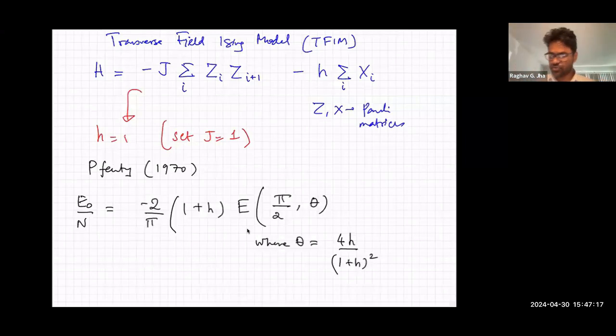This was derived using the standard Jordan-Wigner transformation. This paper also has results for magnetization. I'm writing this because when I do exact diagonalization, I want to see how many spins I really need to approach this thermodynamic ground state energy normalized by the number of sites.